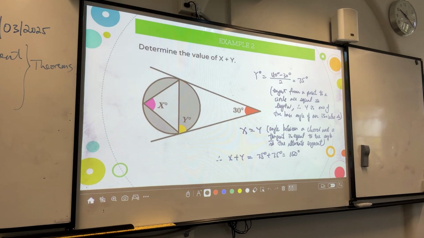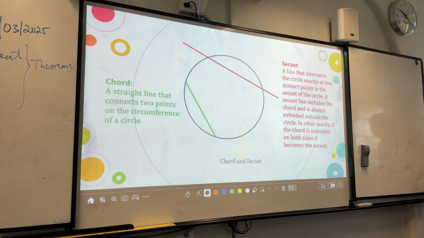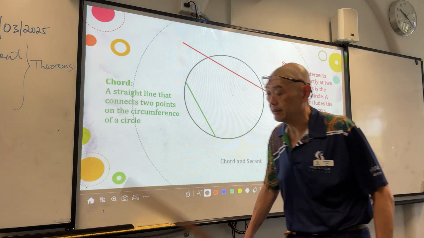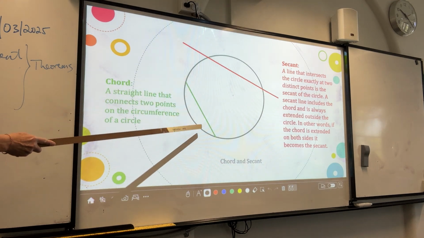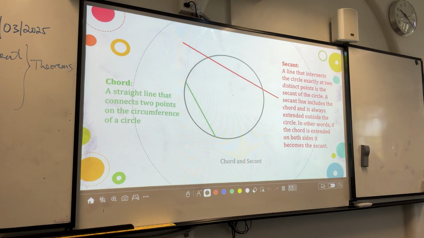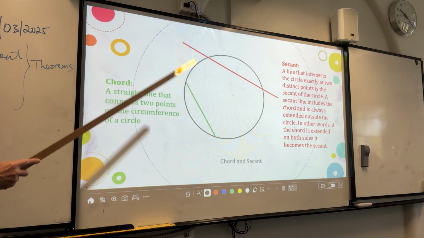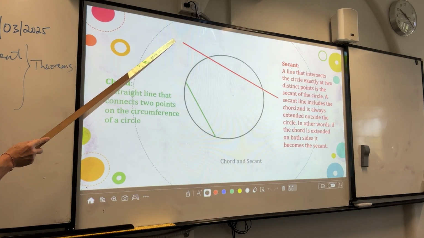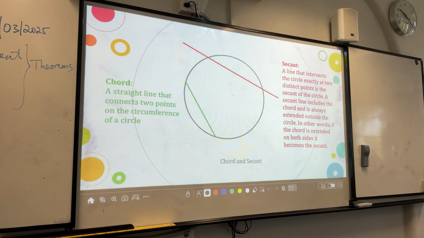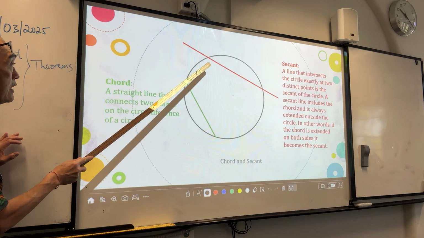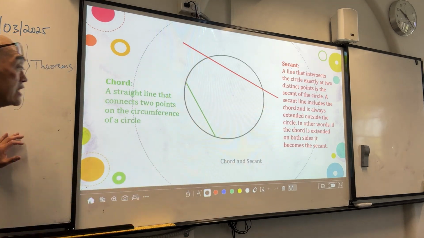Next, before I continue with the next theorem, I would like to remind you of the difference between a chord and a secant. A chord is a straight line that connects two points on the circumference of a circle. A secant is a line that intersects a circle at exactly two distinct points. So this is a secant, and you can see that it's an extension of a chord.